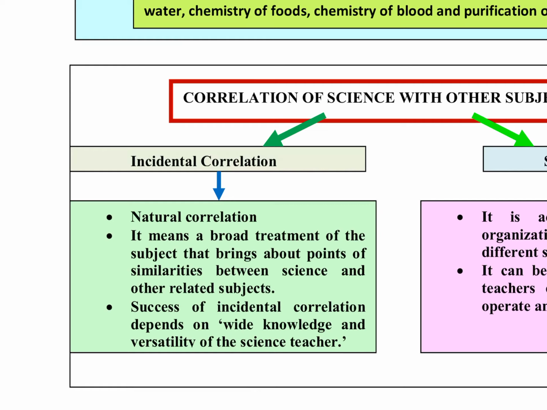Or for example, in physics we usually teach about the cell. Of course, in biology also we teach cell, but in physics, the cell is another term for the battery.